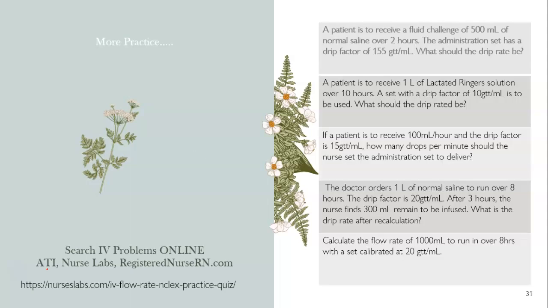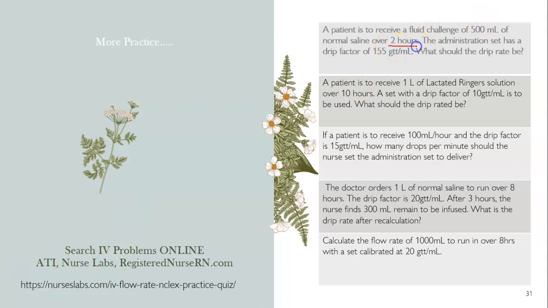All right, I'm going to leave you some problems. You can go ahead and pause the recording right now. Work on these problems. So these are your drip rates, okay? Whatever they give you does not matter.